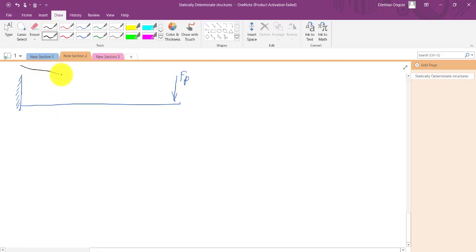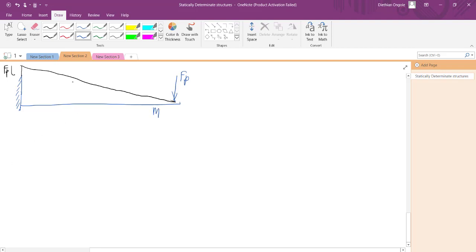It would be a right angled triangle, and the value of the moment at this point here would be FPL, like that.